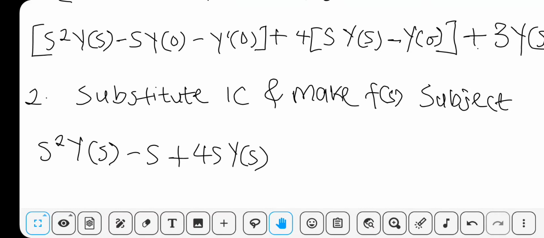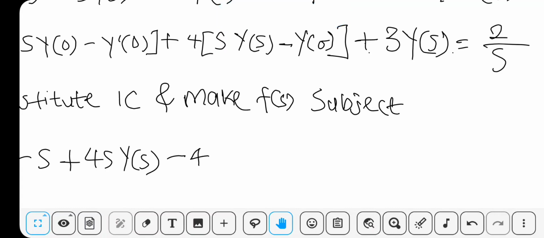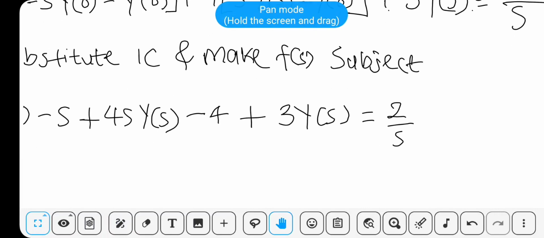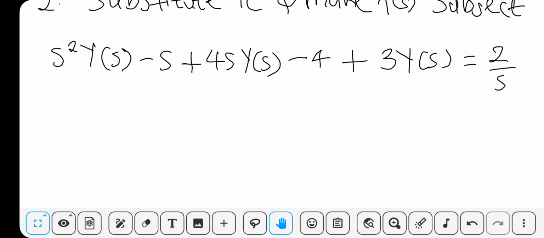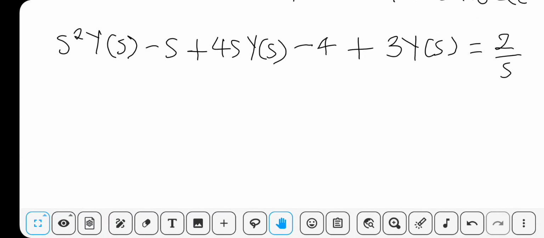this is what you have, minus 1 times 4, that's minus 4, plus 3Y of s is equal to 2 over s. So you can see that F of s is still equal to Y of s, so we can make it the subject from here.